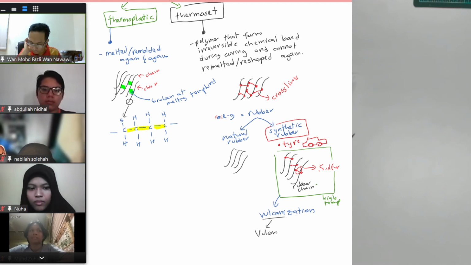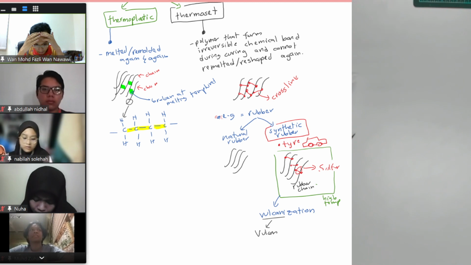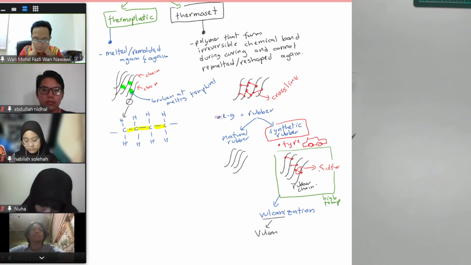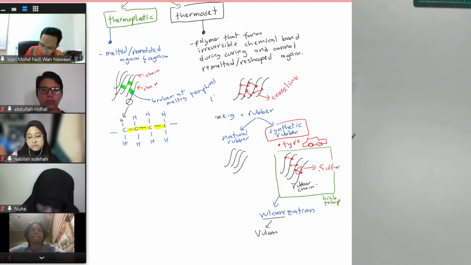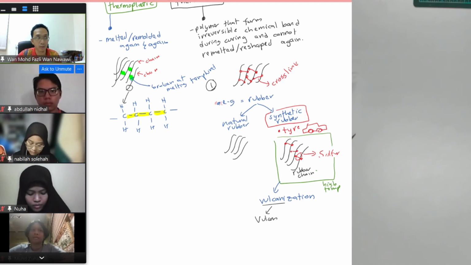So that's an example of what we call the thermoset, the crosslinked rubber. Okay, another example of thermoset.